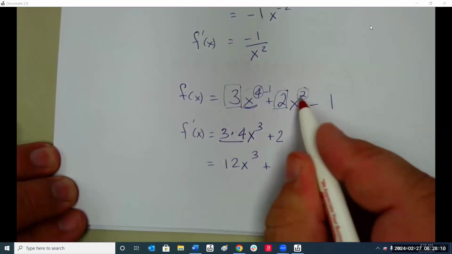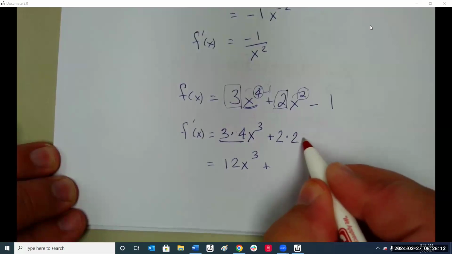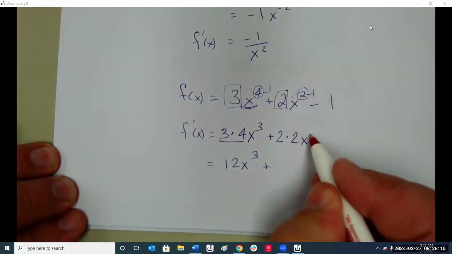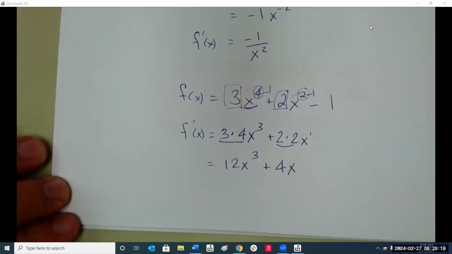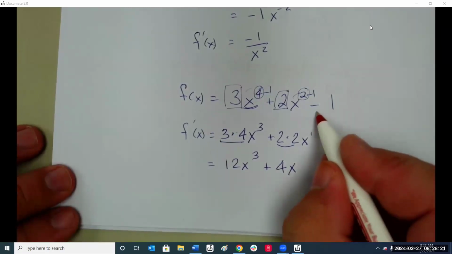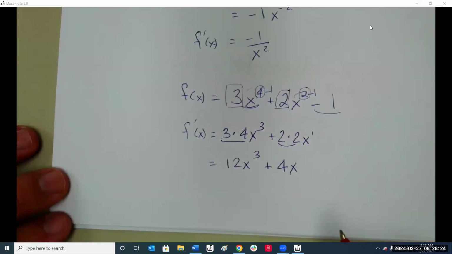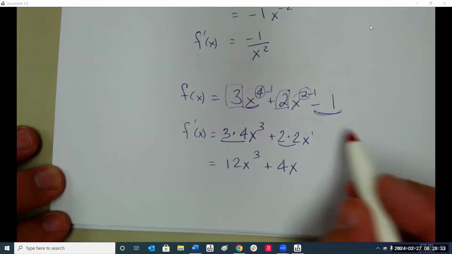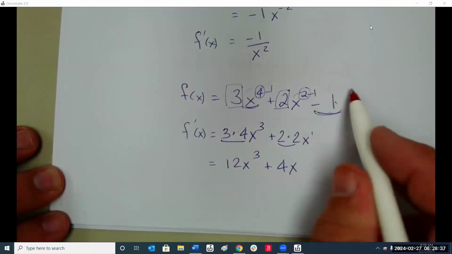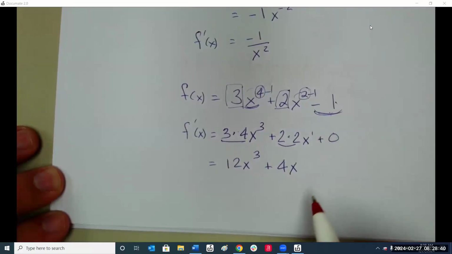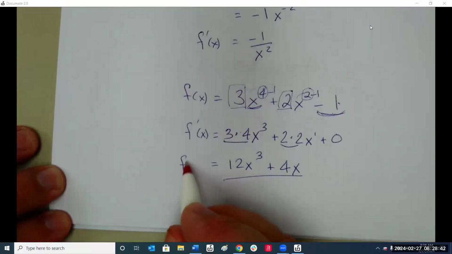Take the derivative of this one, bring the 2 down, subtract 1, so we have 1. So 2 times 2 is 4, x to the 1st. What's the derivative of that term? 0. It's a constant. -1 is a constant. There's no x, so it becomes 0. So there's your derivative.